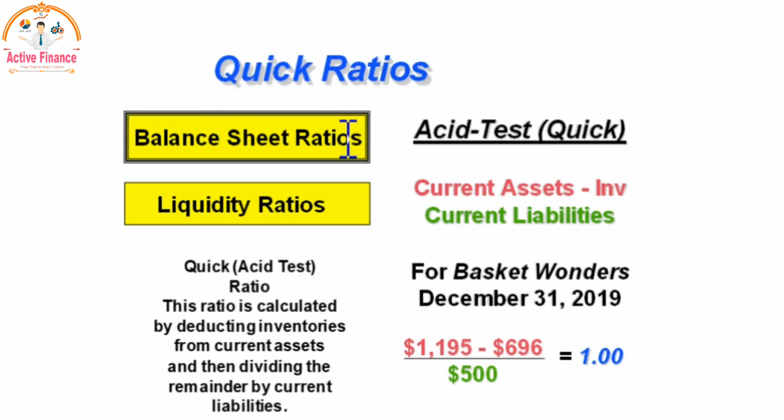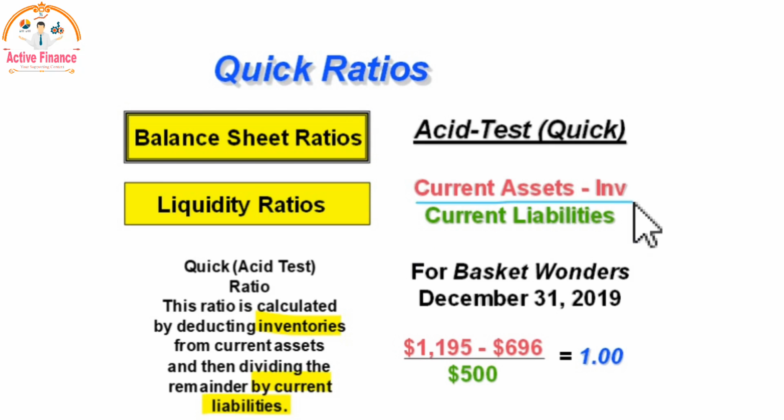This data we will also find from the balance sheet. This is the definition of the quick or acid ratio, which is calculated by deducting inventories. In this we will deduct the inventories from current assets and then divide by current liabilities and we will get the quick or acid ratio.